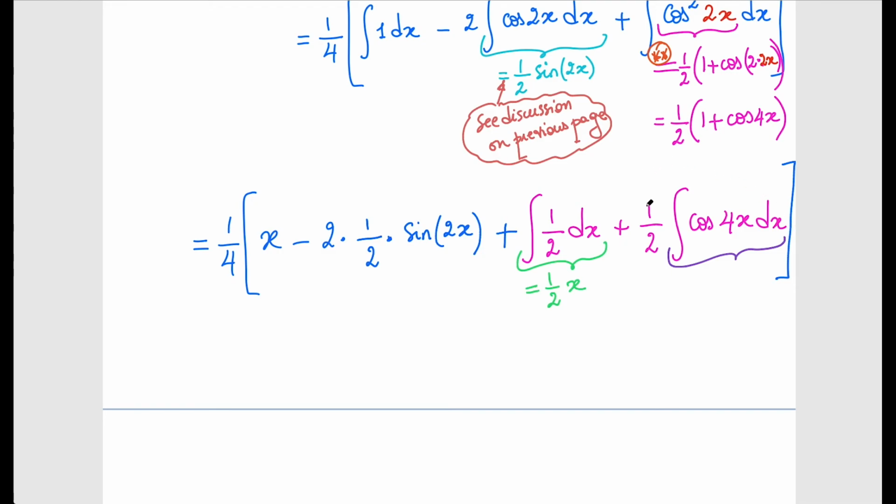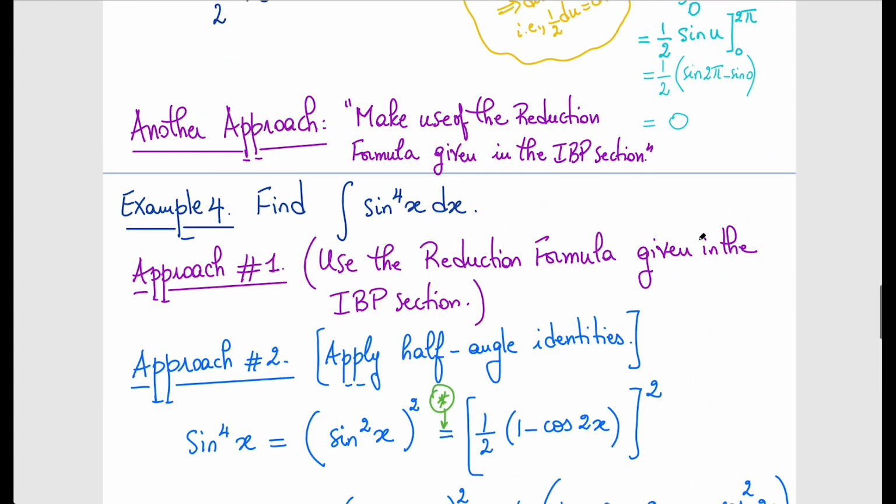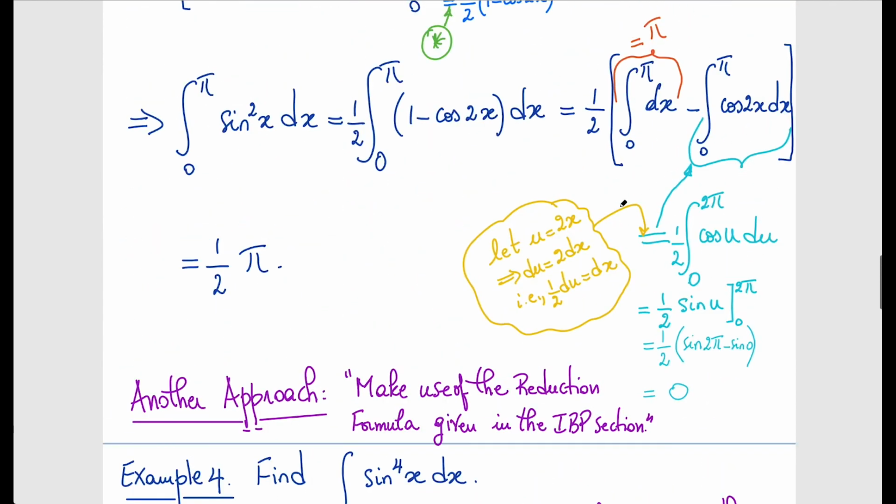Guess what? We're going to play the same game as we did over here. Now we have 4 instead of 2. So that's going to be 4, 4, 4. The same treatment, right? So that's going to be 4 sine u, and u is 4x.